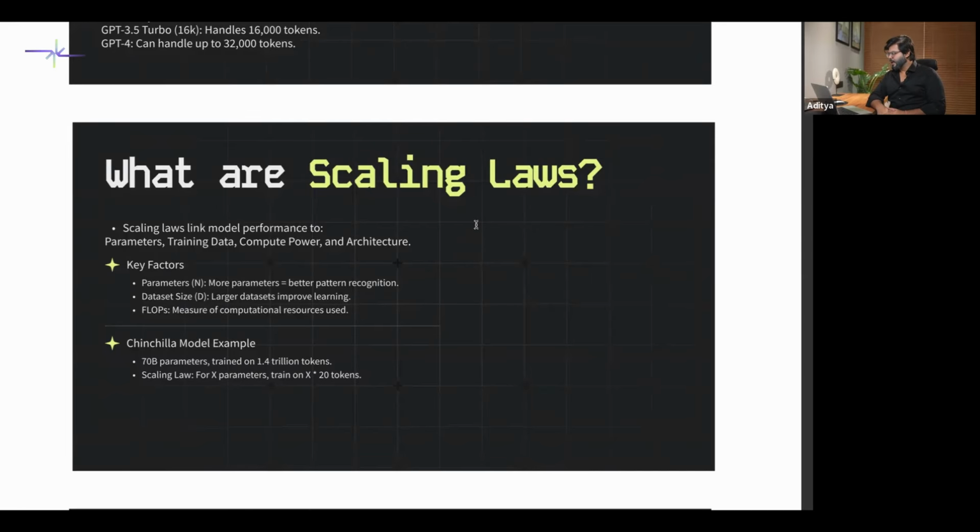That's how you can compute. It is not hard and fast, but there is a correlation between the number of parameters and how many training tokens you'll need. It is very useful when you're trying to do some benchmarking for these things.